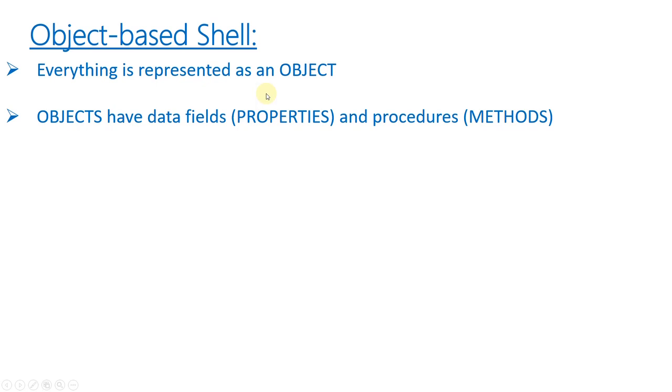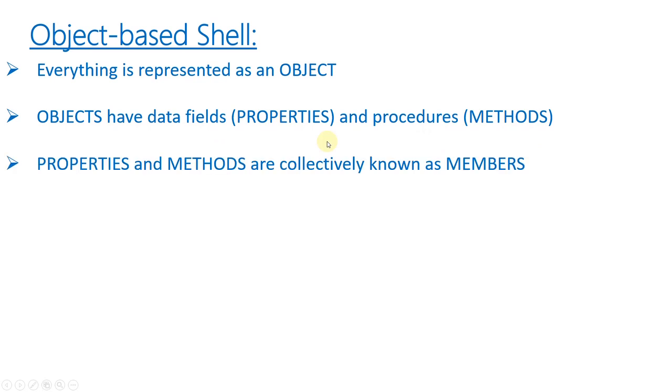An object basically has two types of things in it. First is data fields and second is procedures. We call data fields properties and we call procedures methods. Properties tell us what hidden information an object has, and methods tell us what else we can do on any object.